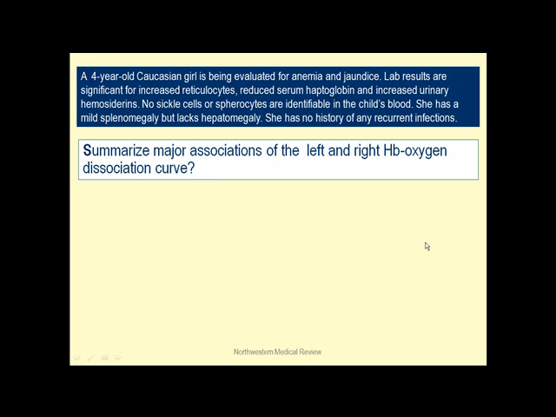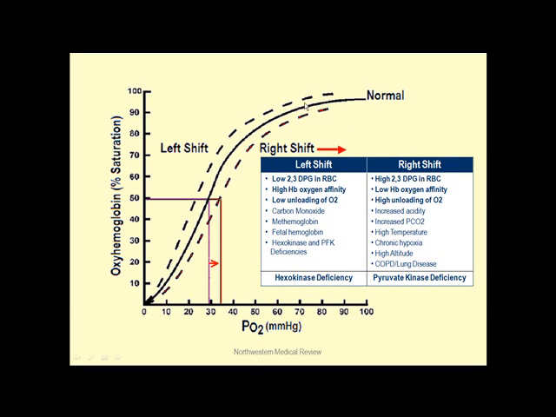Summarize major associations of the left and right hemoglobin oxygen dissociation curve. Well, the solid line shows the normal dissociation curve. The line on the left side is for the left shift and on the right for the right shift.